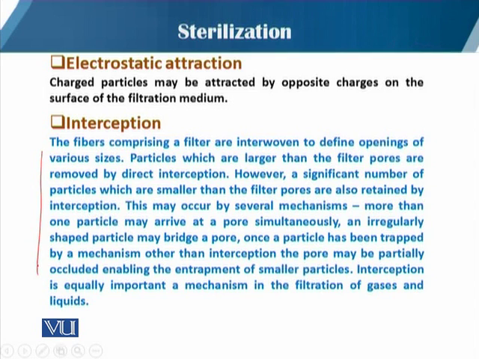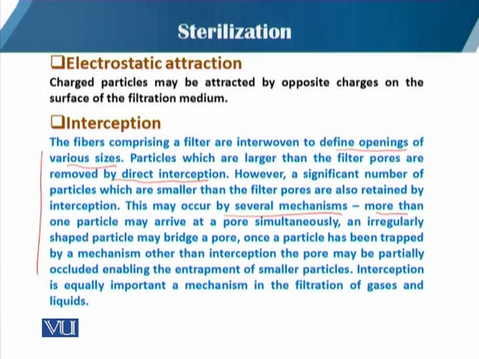The fibers comprising a filter are interwoven to form defined openings of various sizes. The particles which are larger than the filter pores are removed by direct interception. Mostly, interception is the mechanism involved in the simple filtration process. A significant number of the particles which are smaller than the filter pores are also retained by interception. This may occur by several mechanisms.